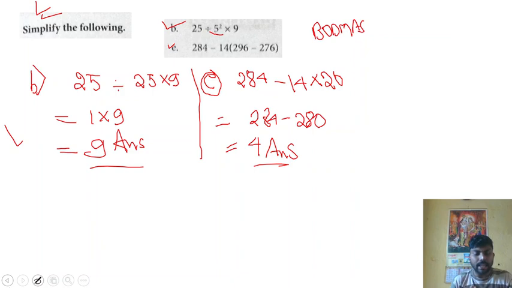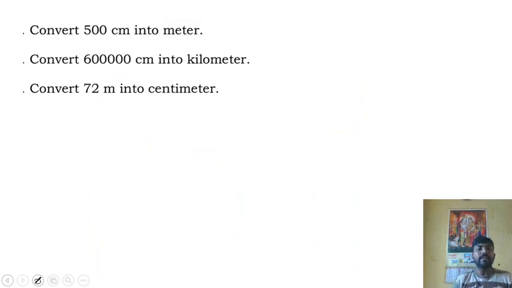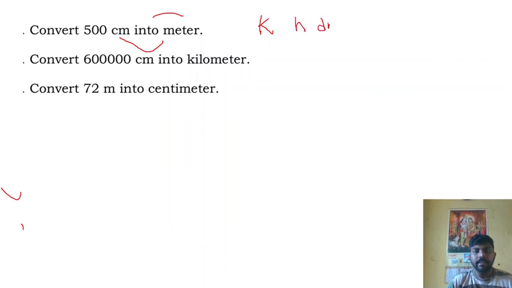Next, I am seeing here conversion again. The first question is to convert 500 centimeter to meter. So if I write it like this: kilometer, then hectometer, then decameter, then meter, then decimeter, then centimeter, and ultimately millimeter. The first question is simply asking us to go from centimeter to meter.